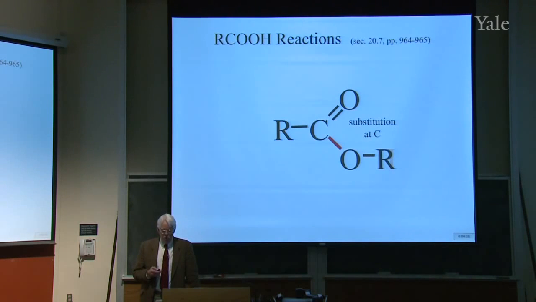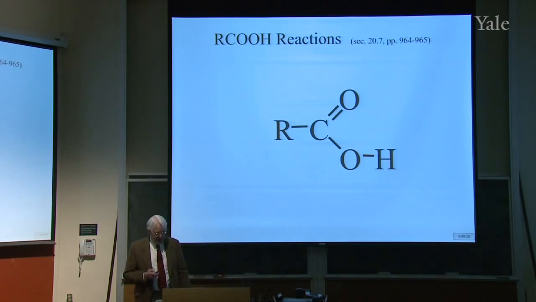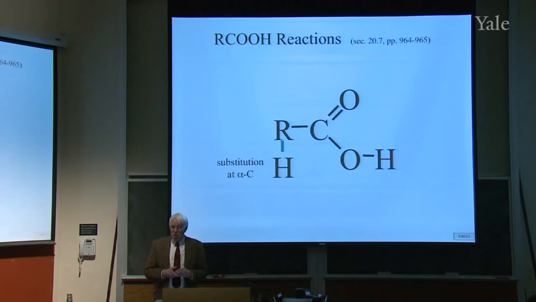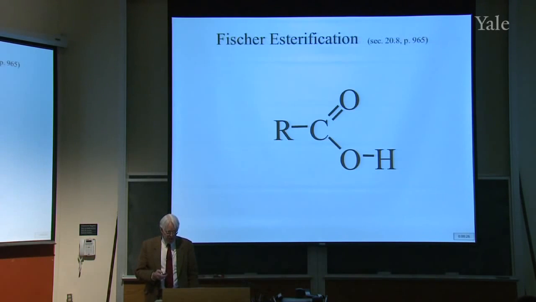You can have substitution at carbon, where you make a new carbon-oxygen bond, or you can have substitution at oxygen, where you make a new OR bond, right? And again, if you have an alpha carbon, it's possible to do substitution at the alpha carbon, and we'll see examples of that.